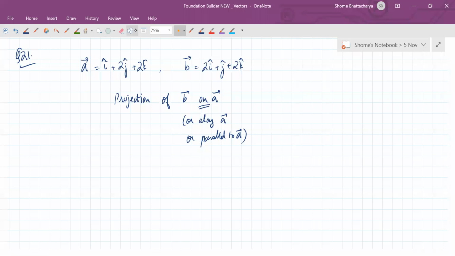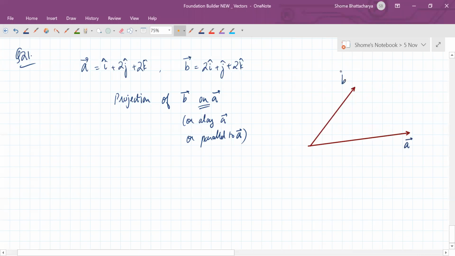There are different names for the same thing. So basically, what does it mean that if this is one vector A and this is one vector B, and the angle between them is theta. So when we drop this perpendicular from B onto A, and then we express this component as a vector quantity, so this is the projection of B on A or parallel to A. So we write this as this. Okay.